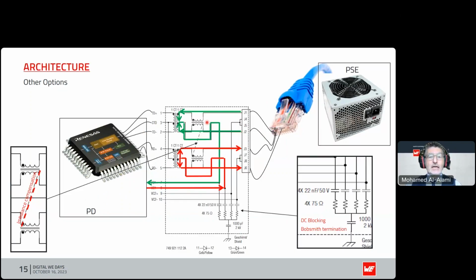And as another option here, we also have a single common mode choke with both wires for the data pairs wrapped around the same core material. That's why you see this dotted line.